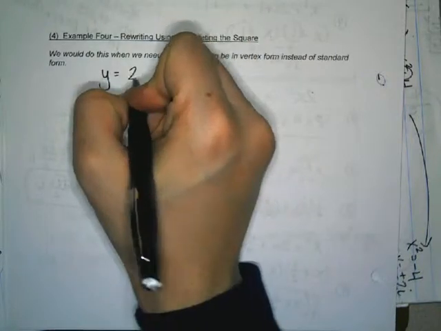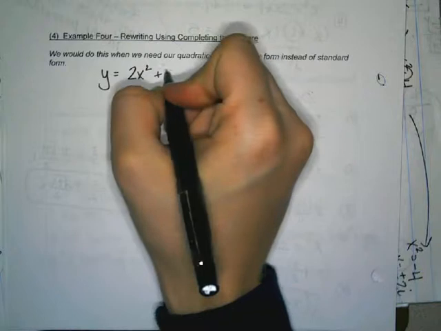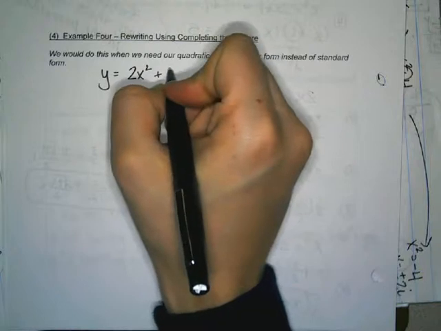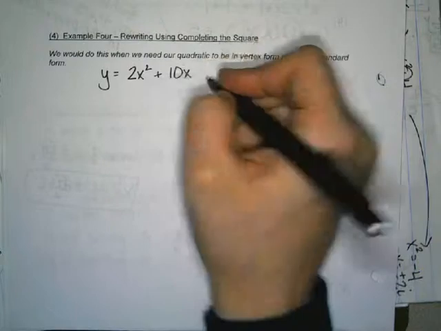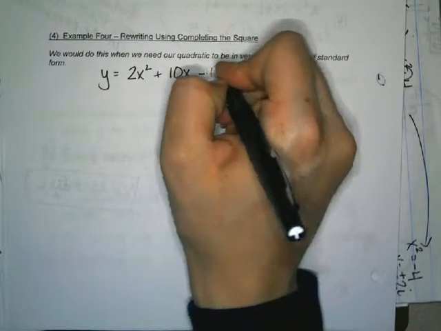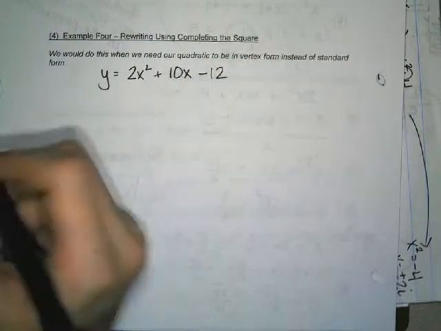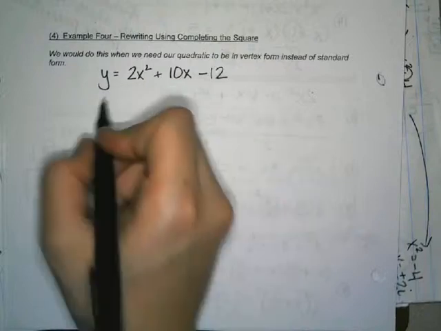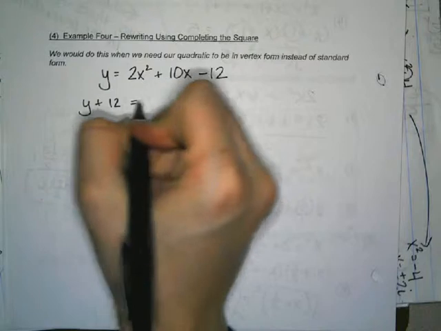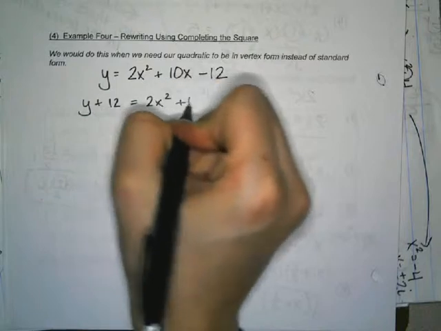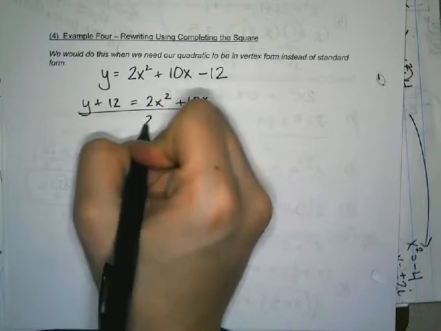So let's start with 2x squared plus 10x minus 12. Okay, so we're going to do the same thing. You're going to move c over to the other side. Then we're going to divide everything by a.